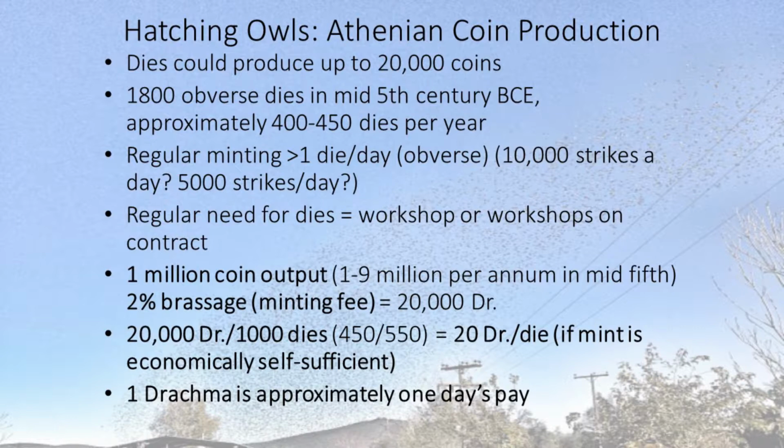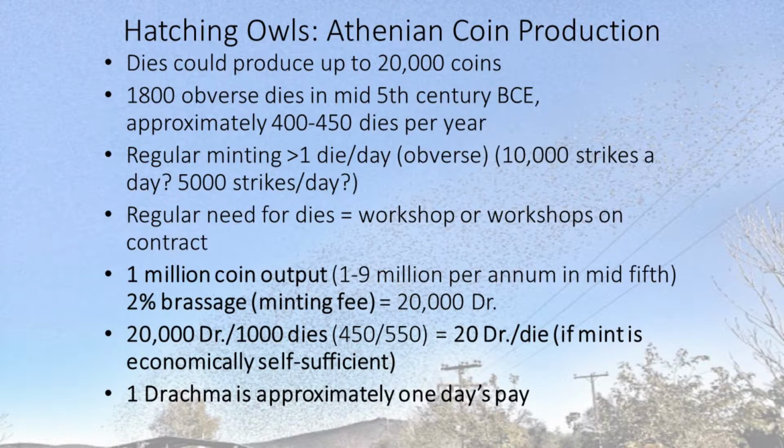Consuming more than 450 dies a year, we see a rhythm, if they're being struck regularly, of at least one die per day, which means that the mint must have had a constant need for new dies, and the epistatai must have had established practices to procure them in a timely fashion, which means having ongoing contracts or relationships with workshops and engravers.